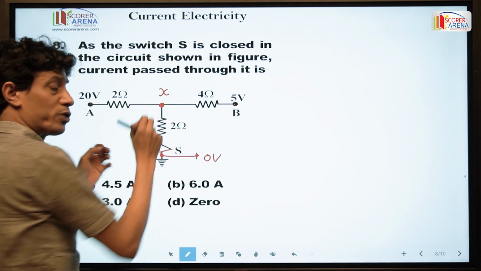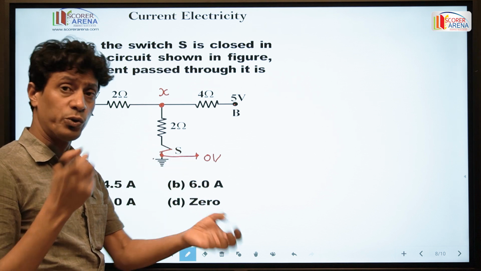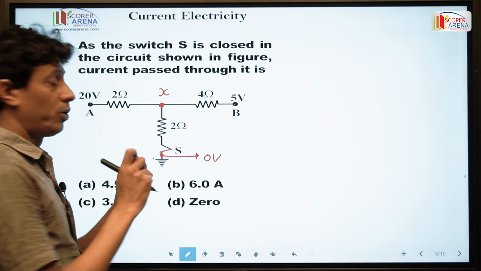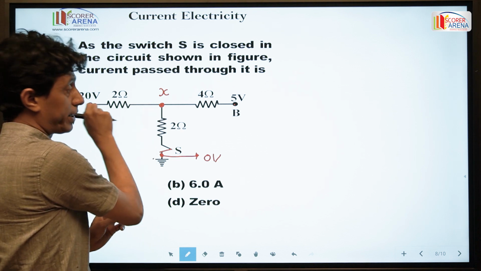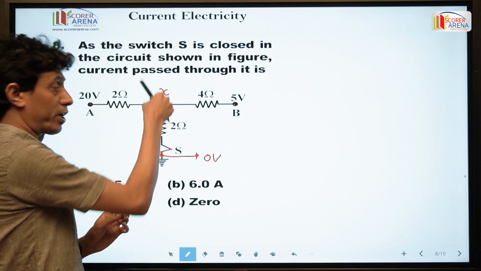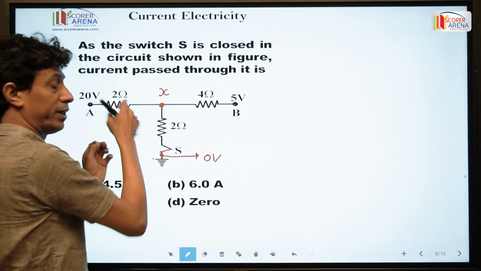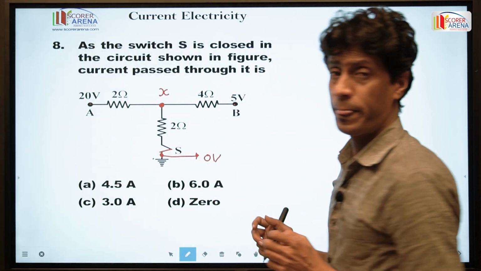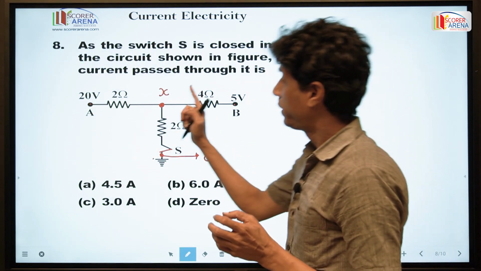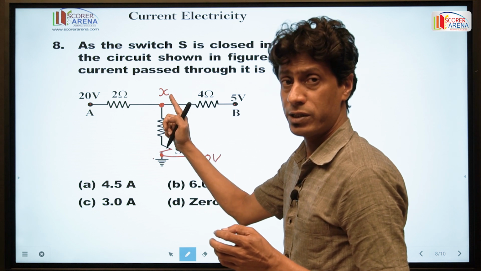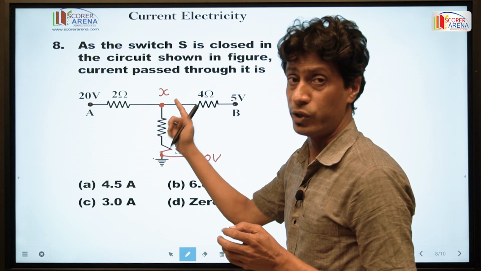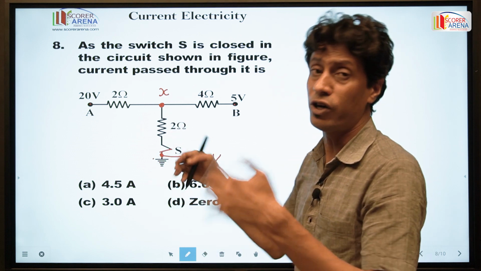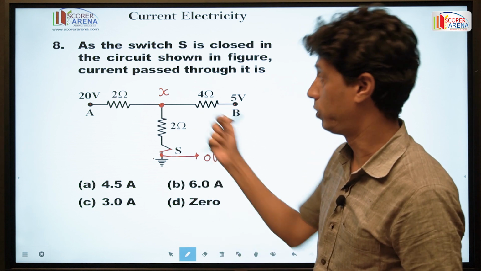The potential of this node, since it is unknown, so we can't say definitely current entering or current leaving. In this particular case, unless the potential of this node is known to us, we can't say through which branch the current is flowing, whether current is entering or leaving in this node.